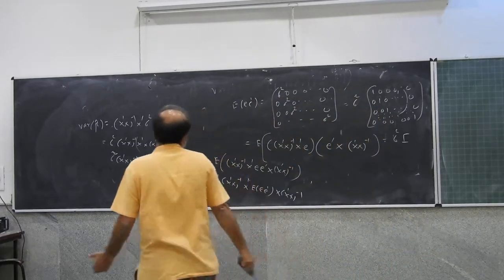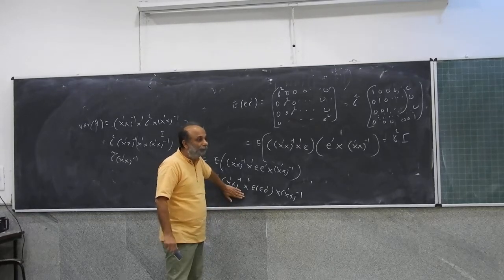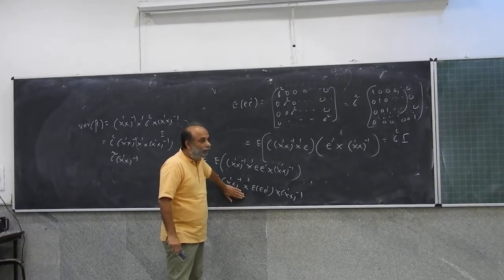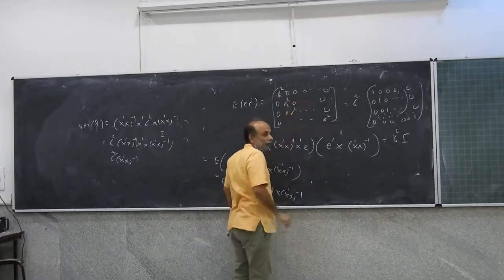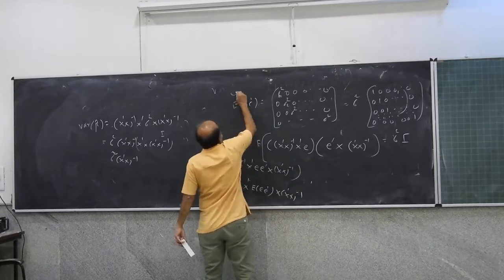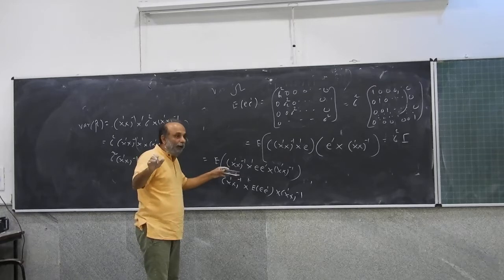In case of either autocorrelation or heteroscedasticity, this will not be sigma square. It will be some matrix like this, sigma 1 square, sigma 2, whatever. The general matrix I will call omega.